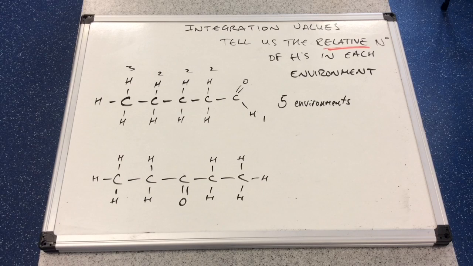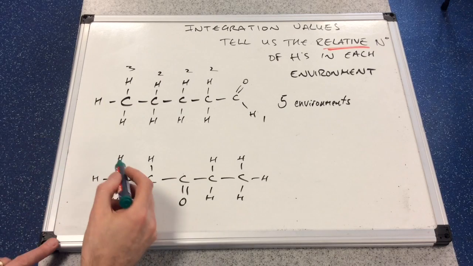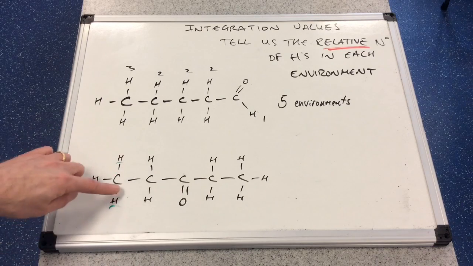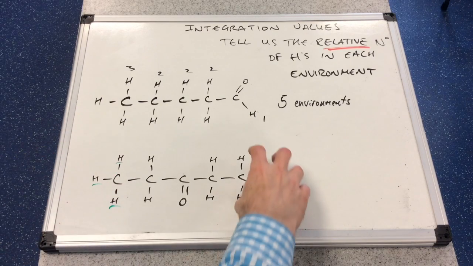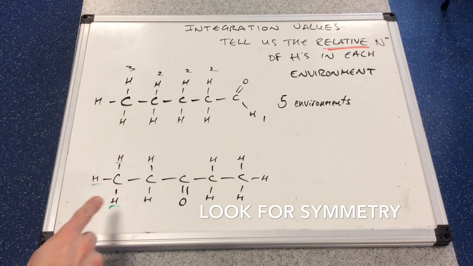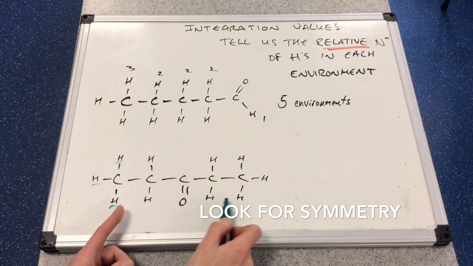So if we look at pentan-3-one now, have we got 5 environments? Is every hydrogen in a unique environment? Well, we'll look at these hydrogens first of all. I'll use colour this time. So we've got this CH3 group. Now let's look at this CH3 group. Are these in the same environment as these? Well, just look at what they're bonded to.